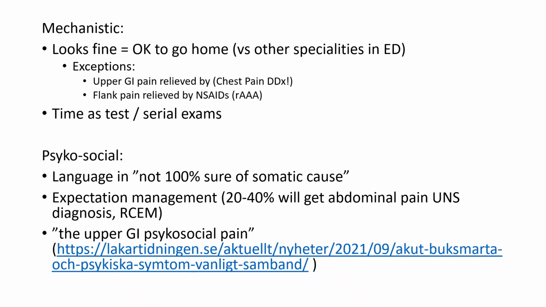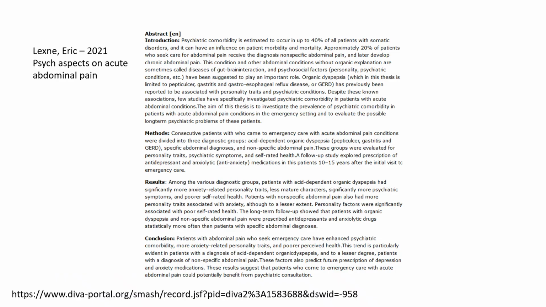You can check out the source here; in the next slide I have one of the papers you can go through. In general, it's saying that patients with abdominal pain who seek emergency care have enhanced psychiatric comorbidities, especially those with upper GI problems.